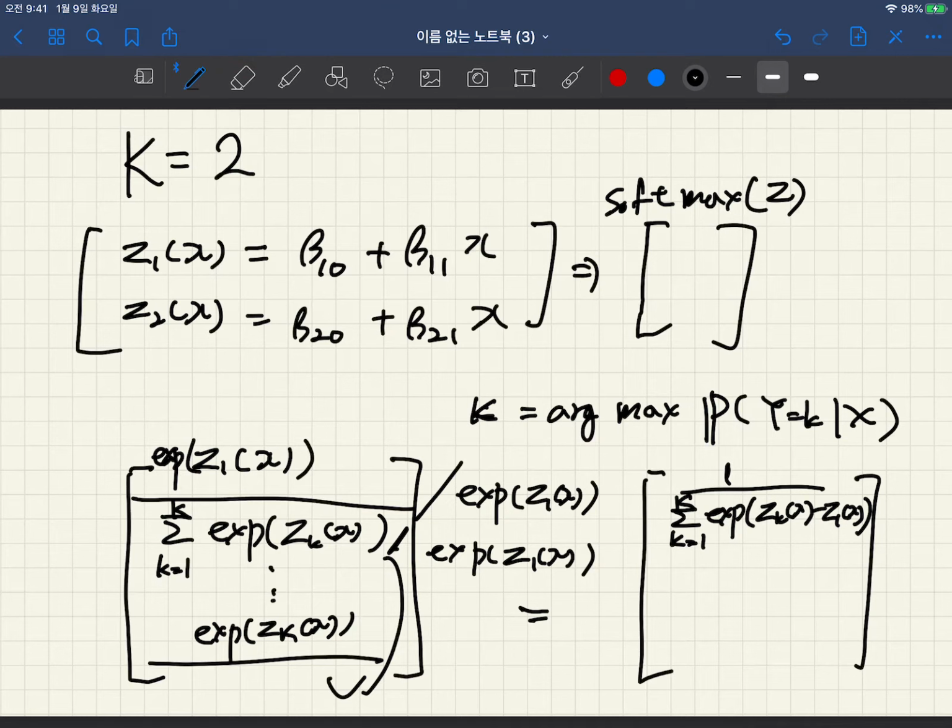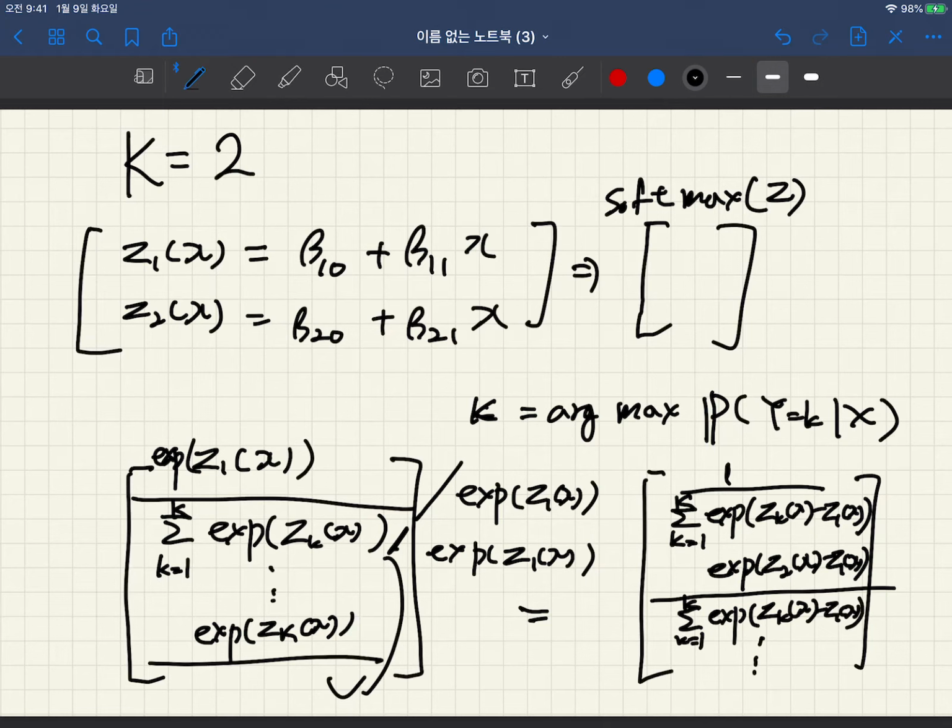The second element is exponential g2(x) minus g1(x) over the sum for k equal to 1 to capital K of exponential gk(x) minus g1(x).